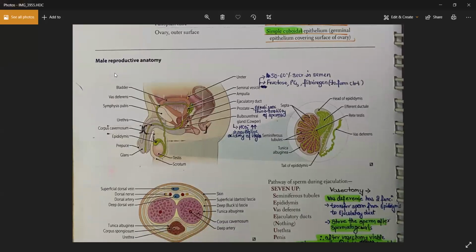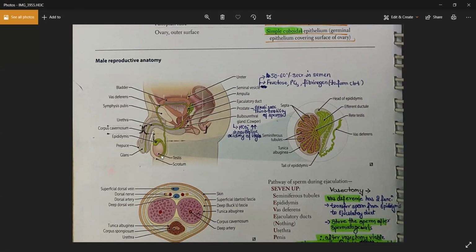Now we are done with the female reproductive tract. Now let's discuss the male reproductive tract anatomy. Let's start with the testes. You have the testes which are present in the scrotum. I told you that they all form in the abdomen, and then from the abdomen they always descend into the scrotum.